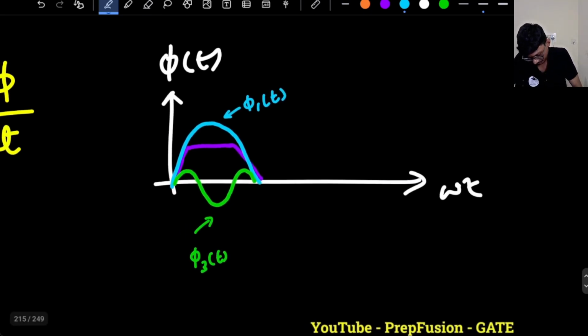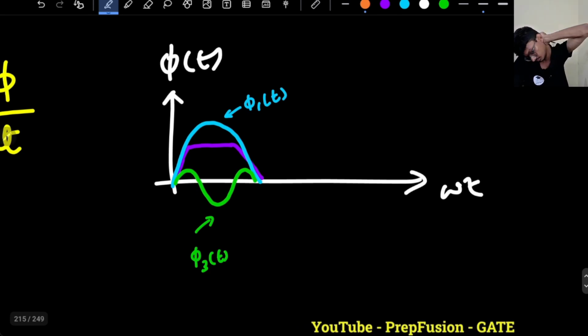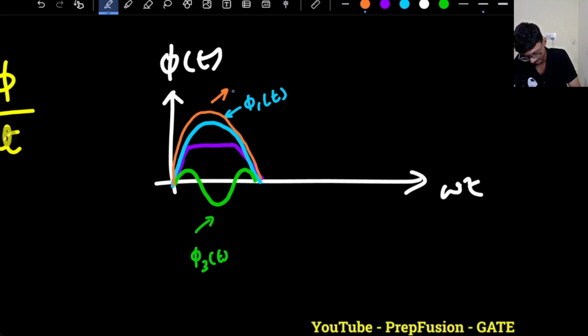What I can comment here is what the induced EMF will be. The induced EMF due to phi 1 of t will be E1 of t.